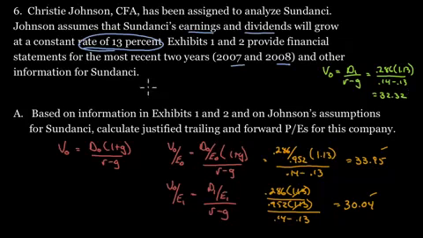So I can find my justified PE on a trailing 12-month basis by dividing my price, 32.32, by the trailing 12 months earnings, which is 0.952, and I will get 33.95.